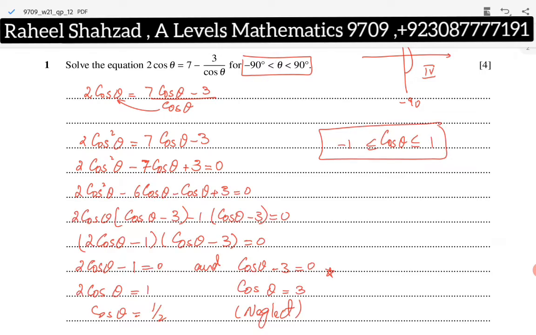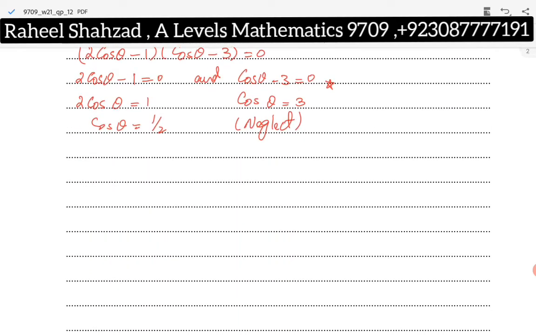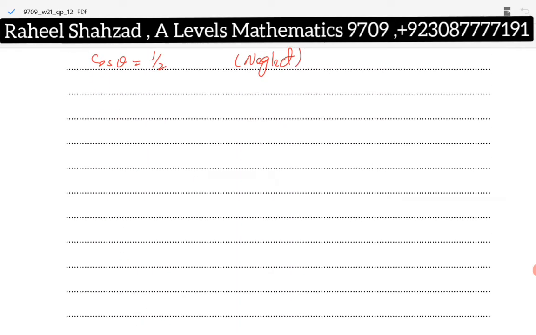From the beginning we know that it's between minus 90 to 90, means it's first and fourth quadrant basically. So you have to find out basic angles first of all. Cos is positive, that means it's here and here. So the basic angle would become cos inverse of 1 by 2, and this is equal to 60 degrees. So this is 60 degrees, this is also 60 degrees.